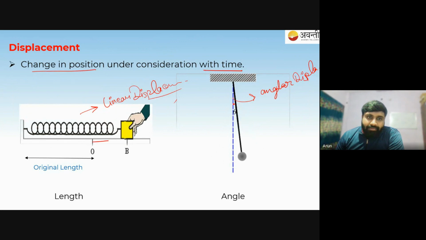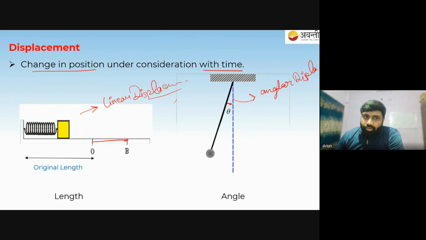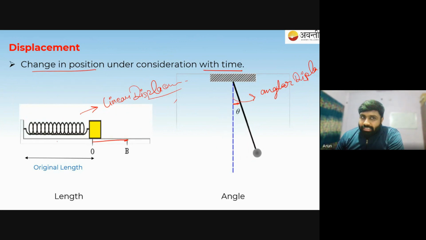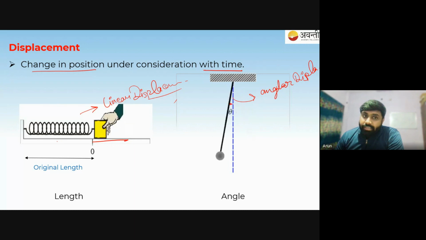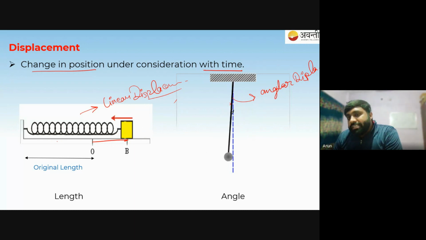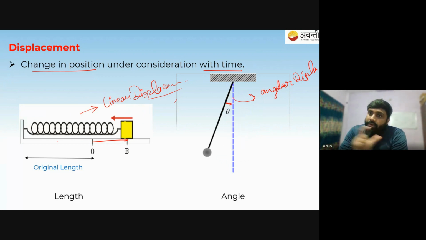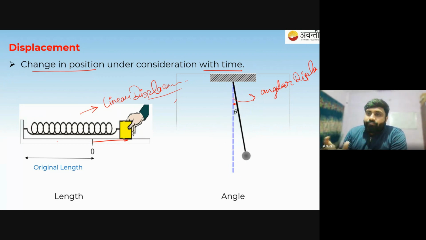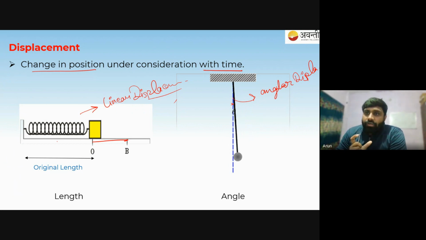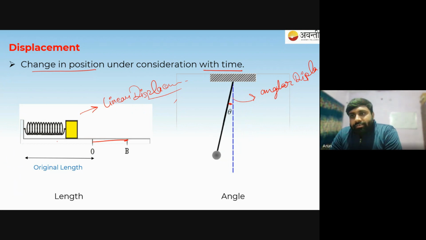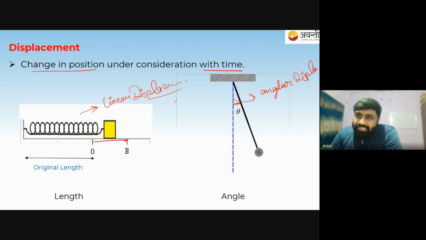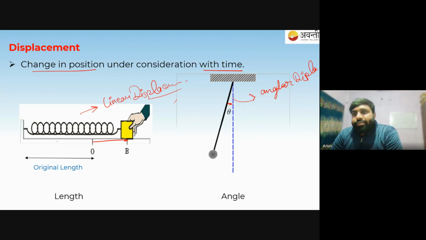Look, we have displaced it by B, then it reaches C. Again, it is coming back to B, and then it is going to C, which means here the displacement is also repeating its value. So we can say here in the periodic motion, the displacement itself is periodic.